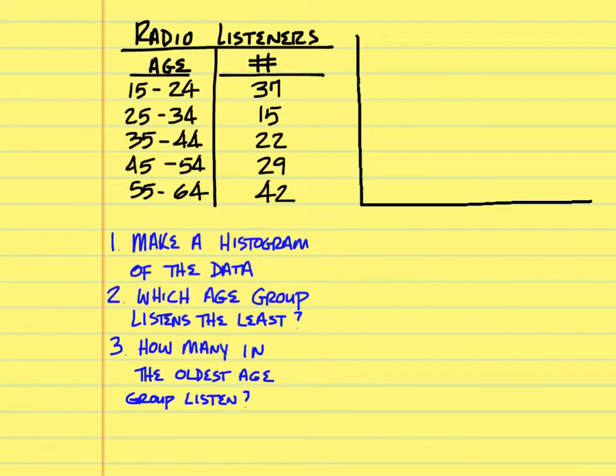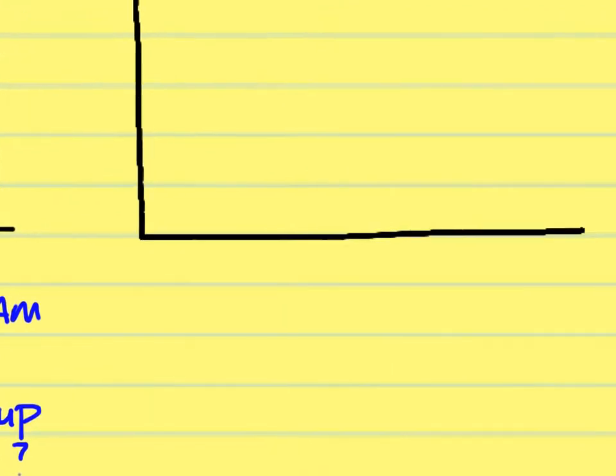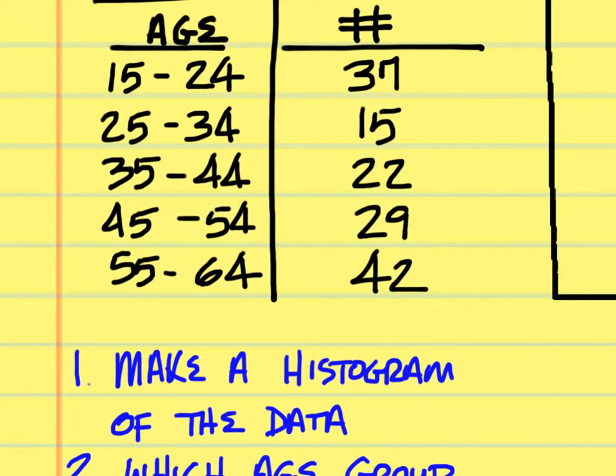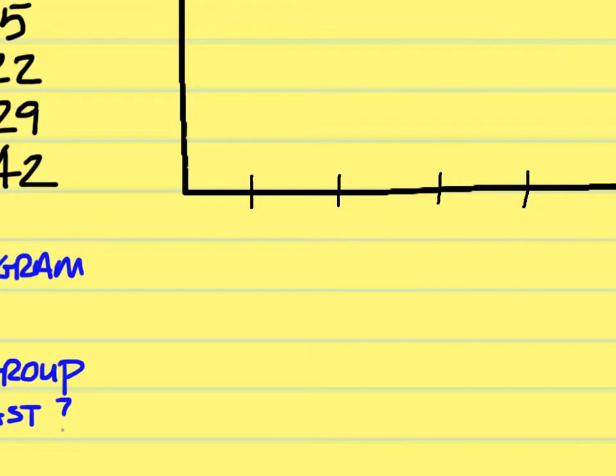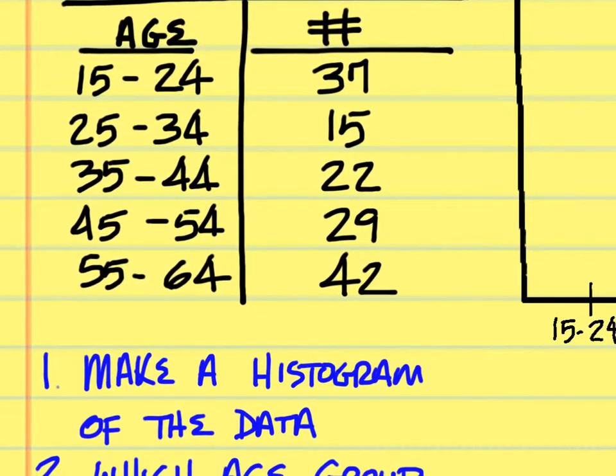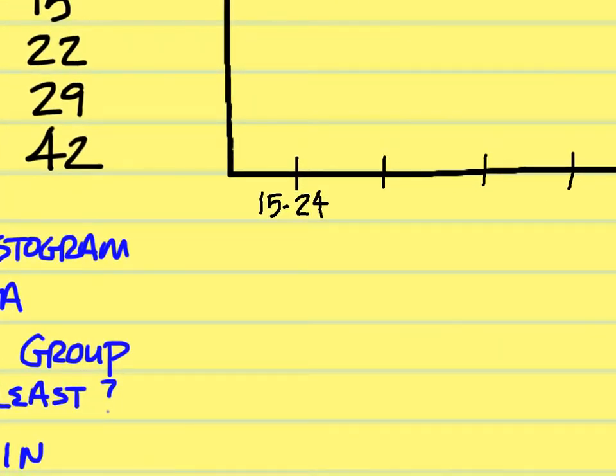To make this histogram, we're going to have to put our groups down at the bottom. We have 5 of them. So we're going to go 1, 2, 3, 4, 5. And that's going to be for the following groups: first group is 15 to 24, and then 25 to 34.